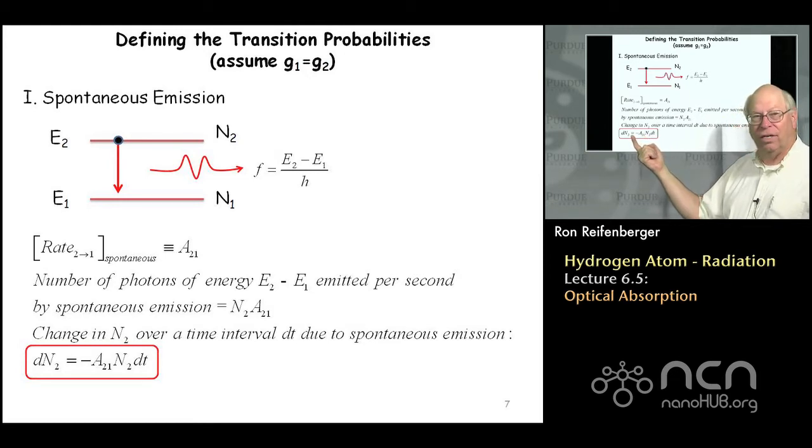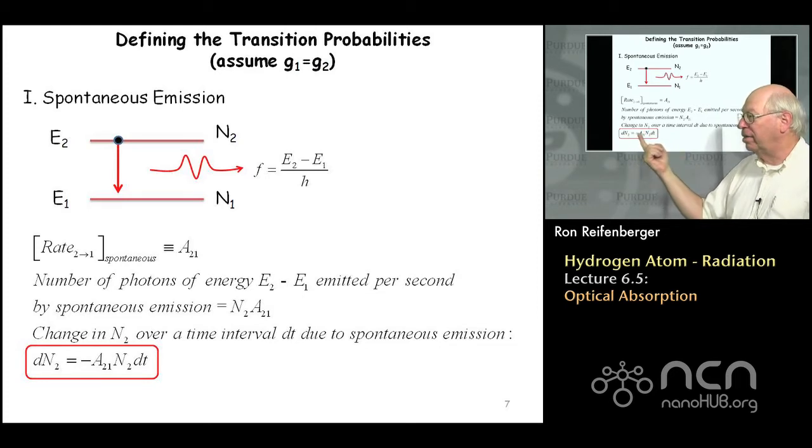the change in the number of electrons in energy level E2 is just going to be given by the simple product of A21, that's the rate, times the number N2. To turn the rate into a number, you've got to multiply by a time interval dt. And so this is the definition for how dN2 changes as a function of time. The minus sign just indicates that dN2 is a number that decreases with time, right?